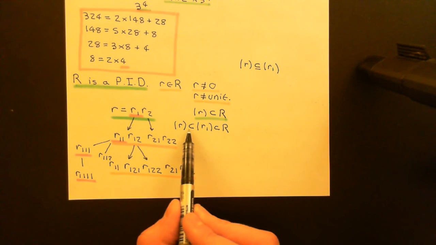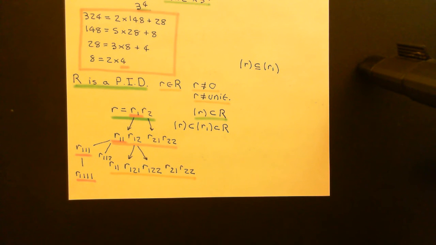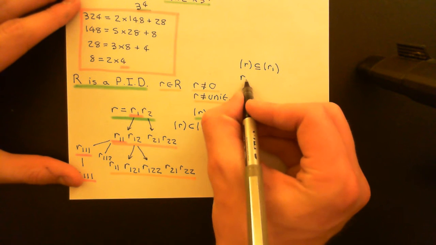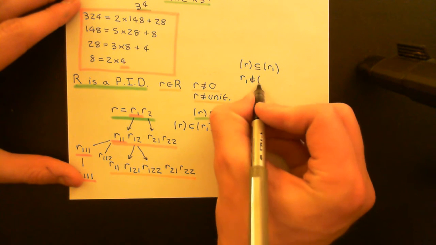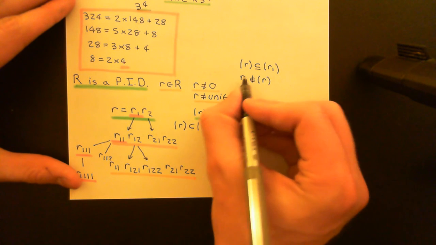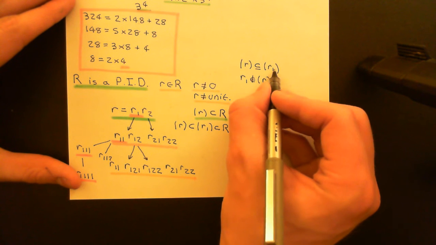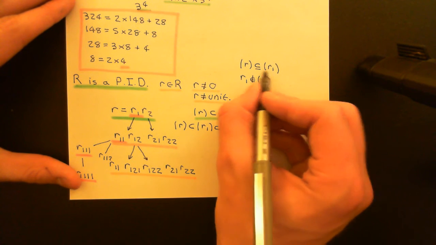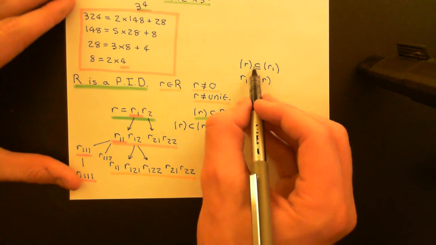What allows me to then say it's properly contained? Okay, well I claim that R1 is not an element of the principal ideal generated by R, and since it is an element of the principal ideal generated by R1, that must mean that this is bigger than this, so this containment must be proper.